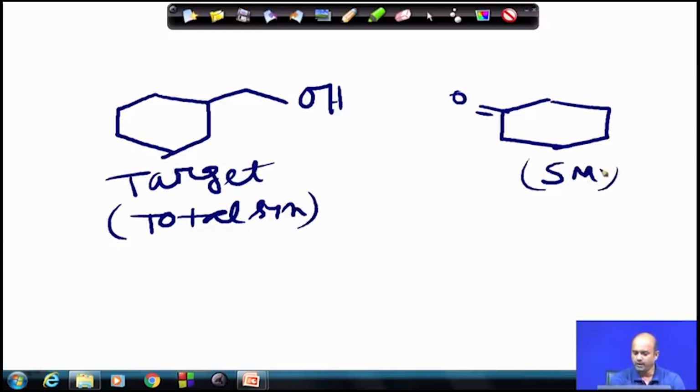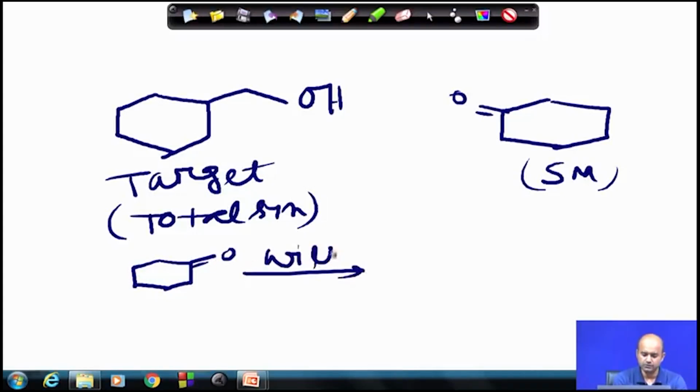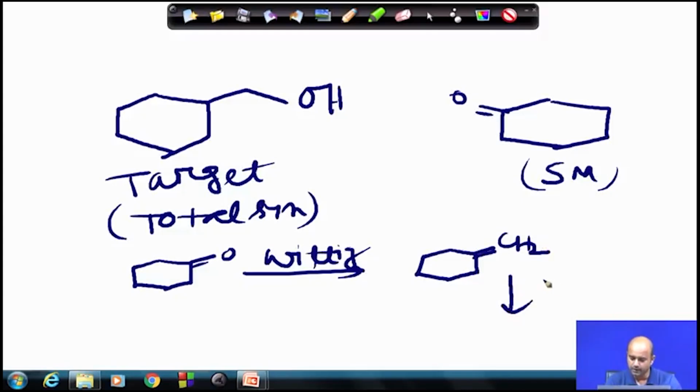Now, if you can correlate, what are the reactions you need? You will be using a Wittig reaction first to convert this compound to this cyclohexene, and then you do a hydroboration reaction to get this target molecule.